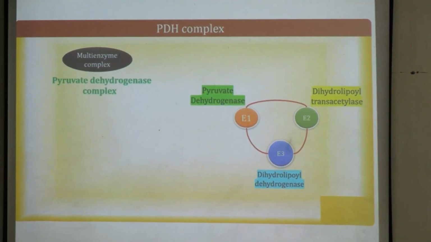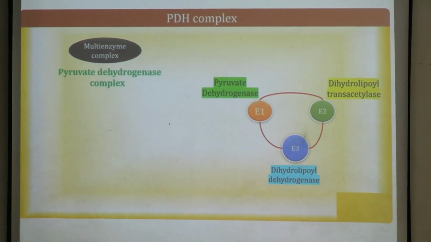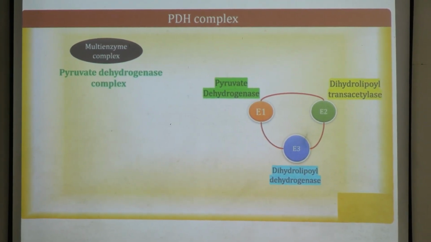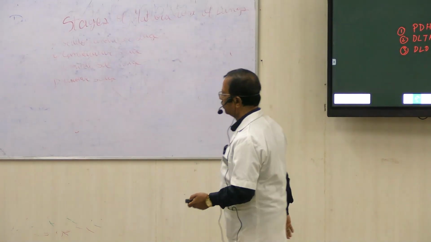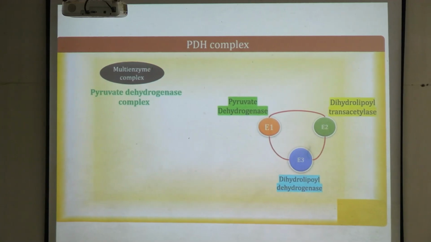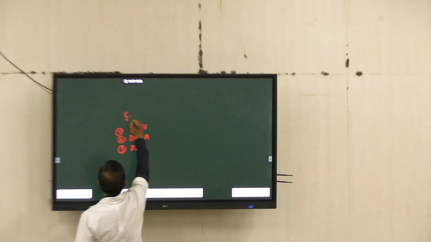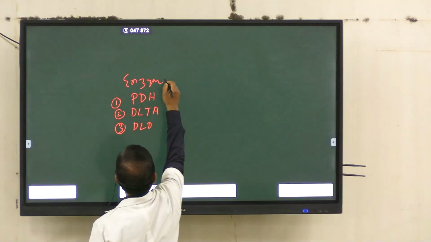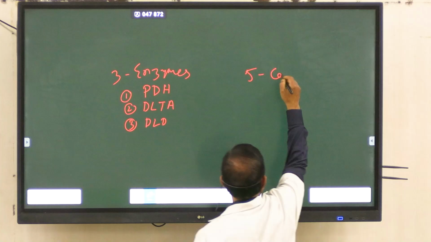During the total process of conversion of pyruvate to acetyl-CoA, the substrate remains bound with the enzyme so that effective conversion is possible. This enzyme complex uses 5 coenzymes. Three enzymes, 5 coenzymes.